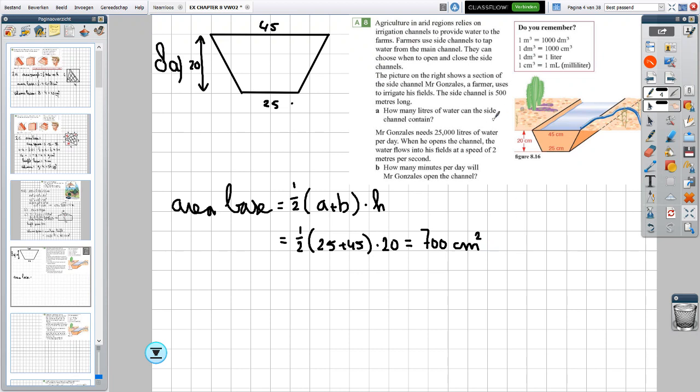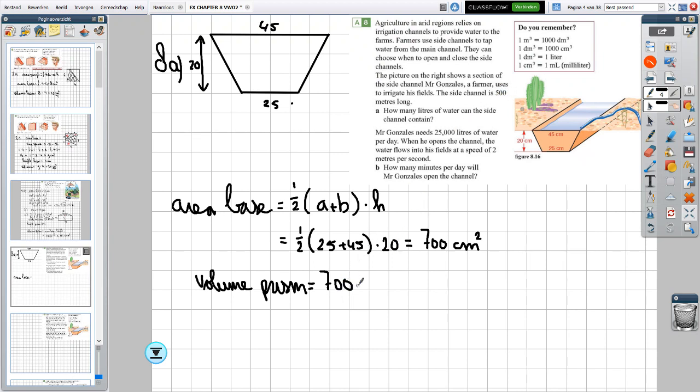How many liters of water can the side channel contain? Well, that is going to be the volume of this prism. That is the area of the base, 700, times the length of the, or you could say the height of the prism. Well, then we have to watch out because this is in centimeters and this is in meters, right?